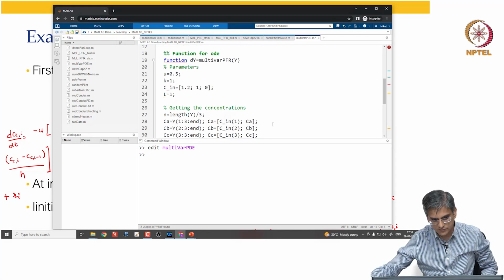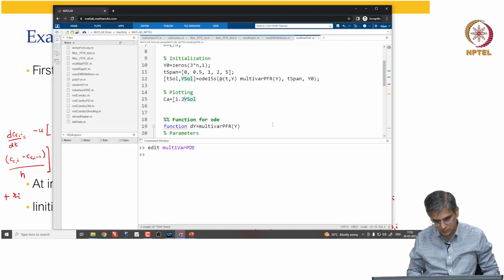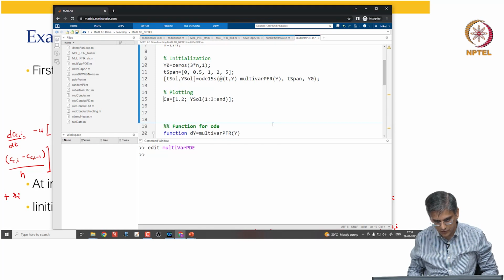So that is what we have, that is initialized already, and CA in was 1.2, 1 to 3 to end. Remember, this is exactly what we had done before.